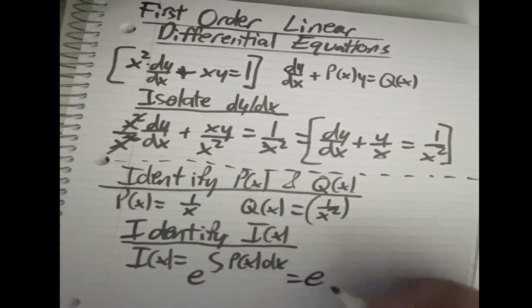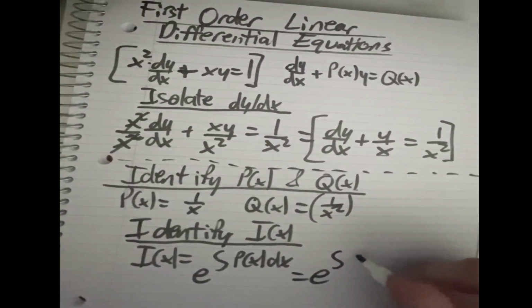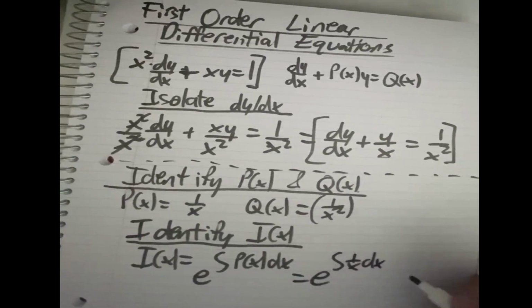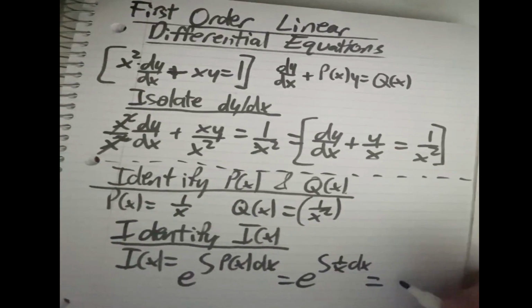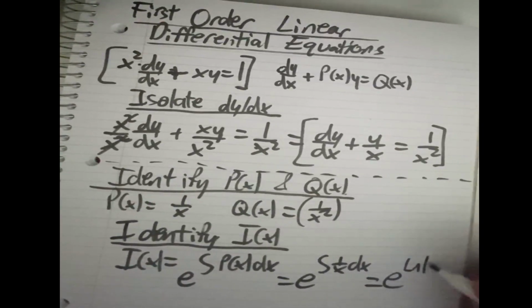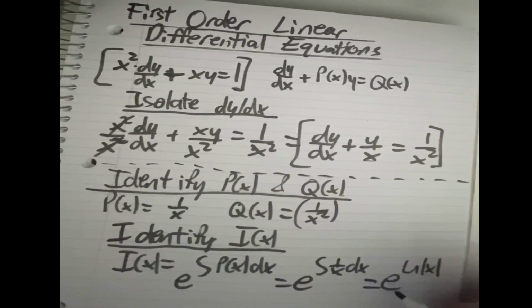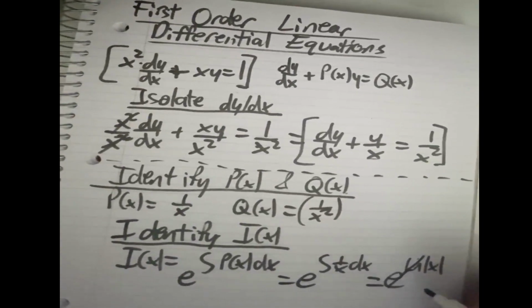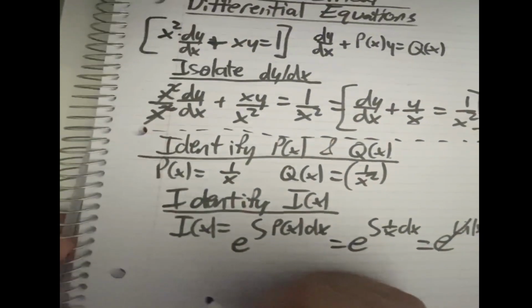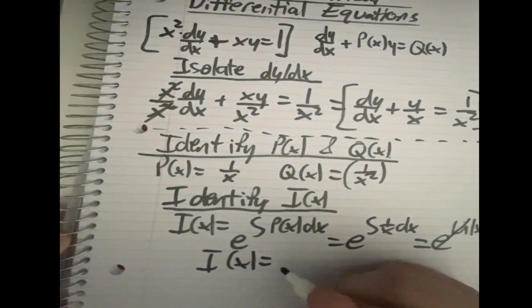So this integrating factor in this case will be e raised to the integral of 1 over x times dx. So we integrate this, we get e raised to the natural log of x. And knowing that the exponential raised to the natural log will cancel each other out due to the natural log and exponential properties, our integrating factor would essentially just be I of x is equal to x.